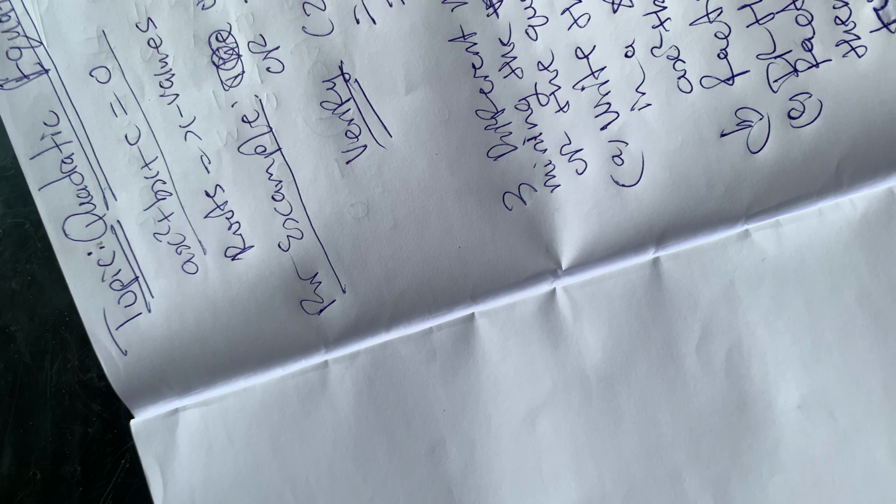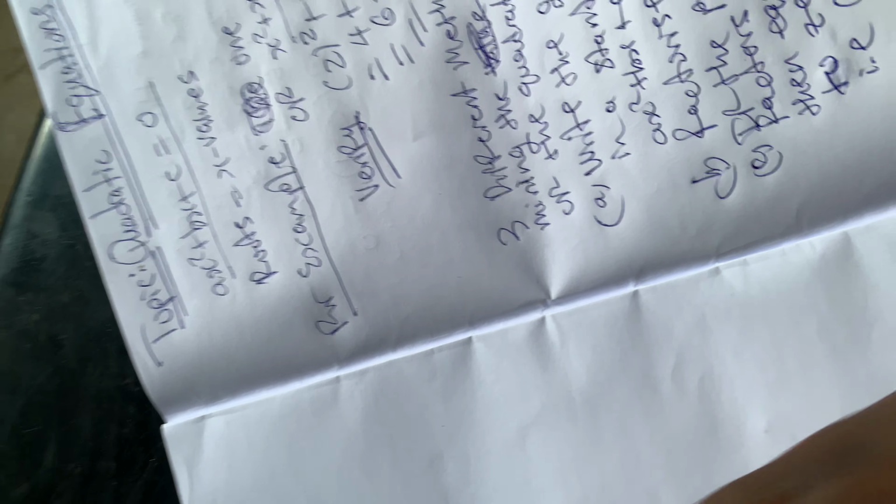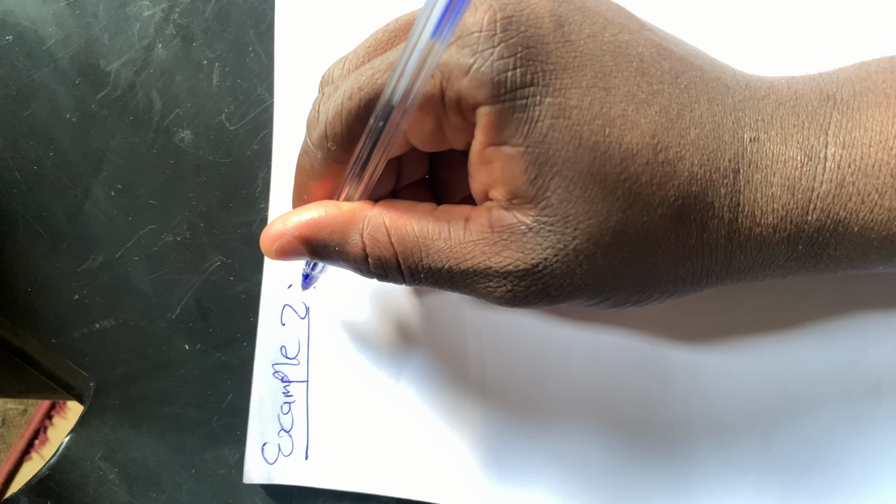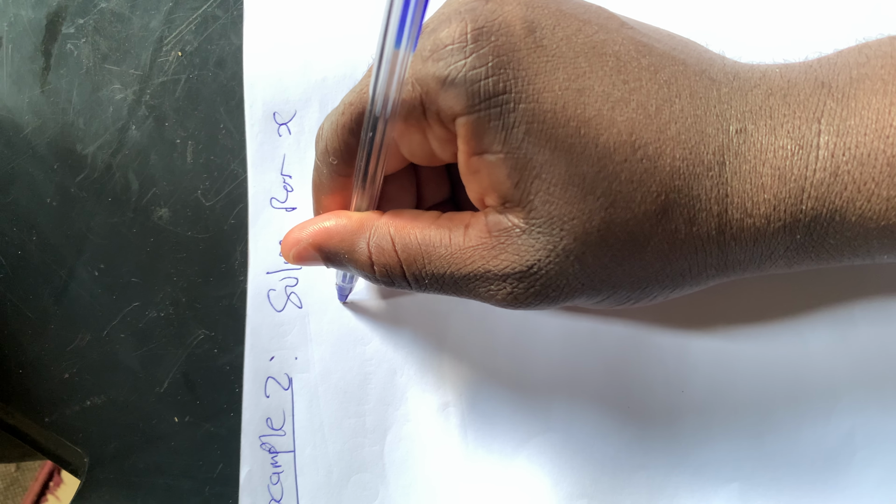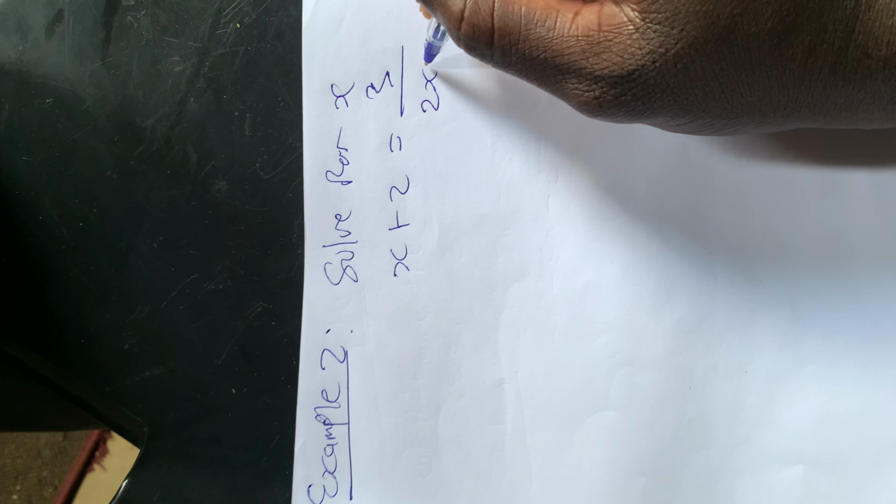Example 2, we have: solve for x, x plus 2 equals 3 over 2x minus 1.